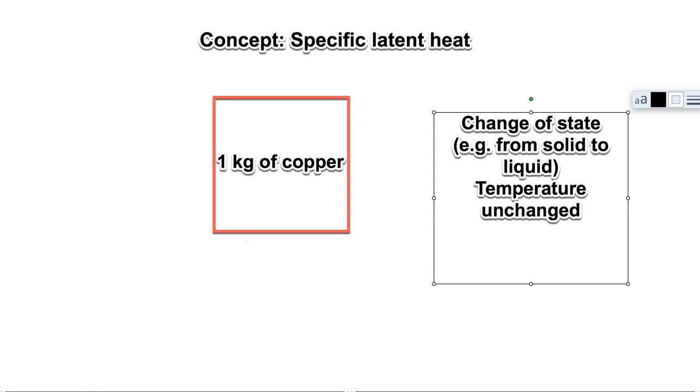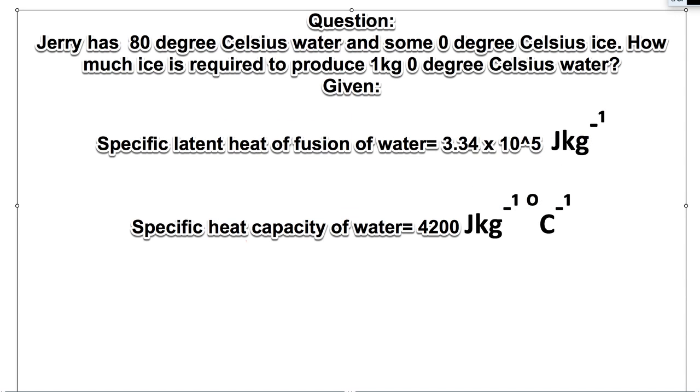Specific latent heat is the constant for 1 kg of copper changing from one state to another state. And very important, in this stage the temperature is unchanged, so be careful when you select specific latent heat or specific heat capacity.